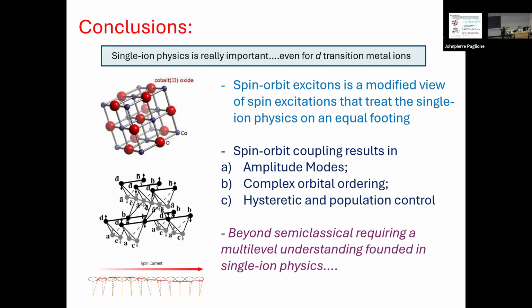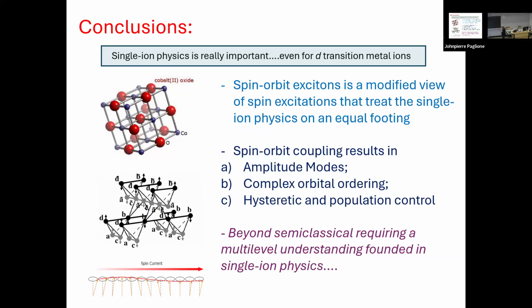So just to hopefully tell you that we've talked a little bit about spin orbit, what we call excitons. And this is kind of, I think, a progression from beyond semi-classical spin wave theory that I motivated at the beginning of the talk. I think this is important because it gives you new physics. And I showed you the example of amplitude modes that comes about from spin-orbit coupling. I briefly mentioned complex order.